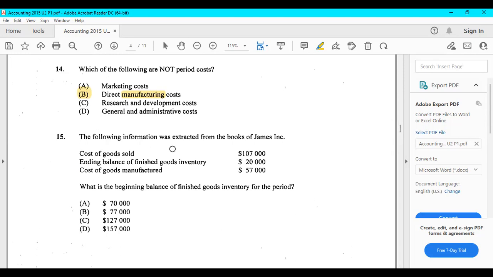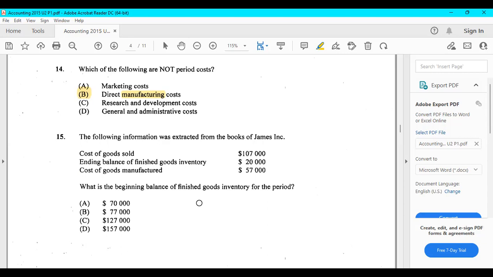The following information was extracted from the books of James Incorporation. Cost of goods sold, ending balance of finished goods inventory, cost of goods manufactured. What is the beginning balance of finished goods inventory for the period? So again, we need to know our schedule. In the income statement, to get cost of goods sold, it is your beginning finished goods inventory plus your cost of goods manufactured, which will give you the cost of goods available for sale.